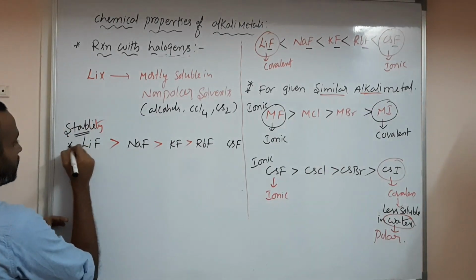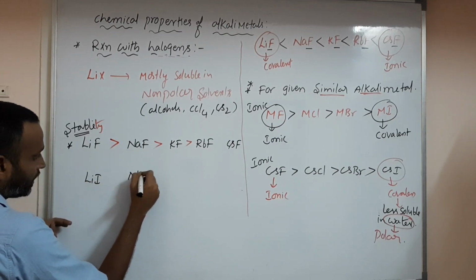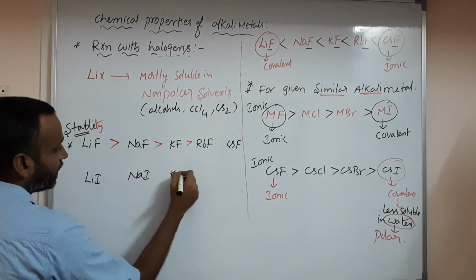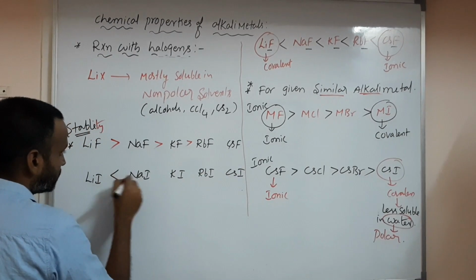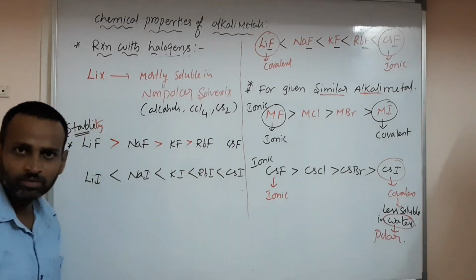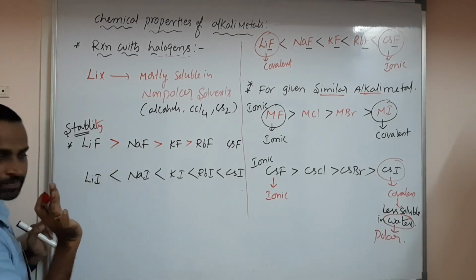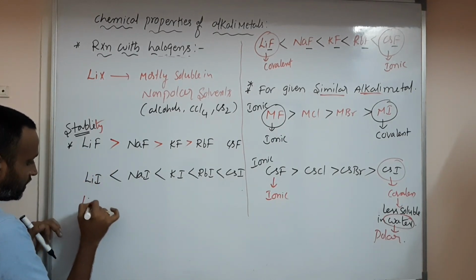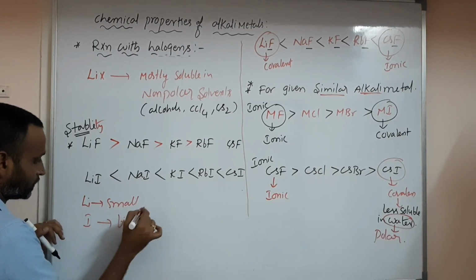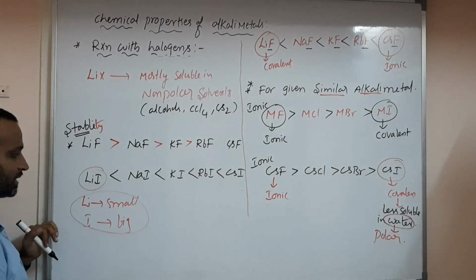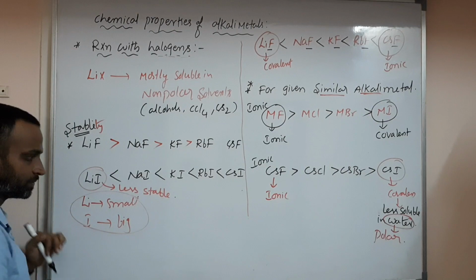Okay, this one is important. If I take LiI, NaI, KI, RbI and CsI, this is the order of stability. Why, sir? What's the reason? Simple, common sense. Lithium is small, fluorine is small, so stability. But here, lithium is small but iodine is big, so this definitely has less stability. So this is less stable like this.